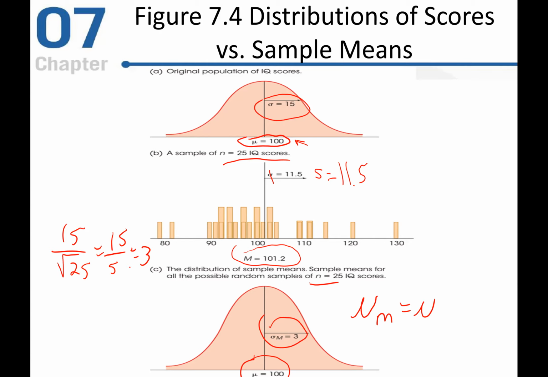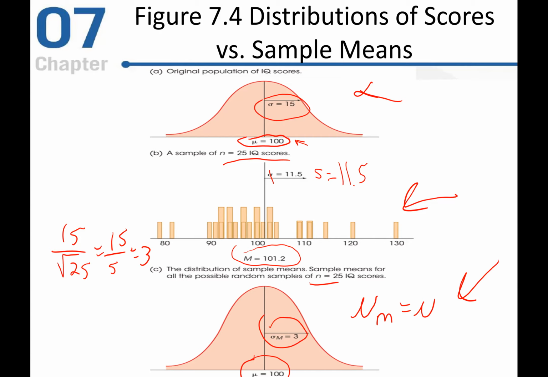So what I want to stress is that each of these three different kinds of graphical representations of distributions have their own shape, mean, and standard deviation. So A had the standard deviation for the population.